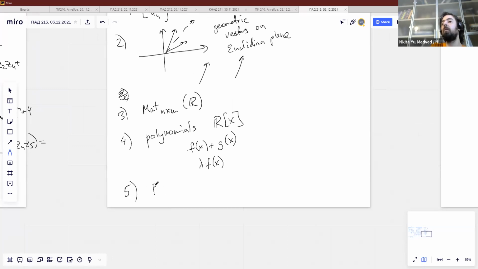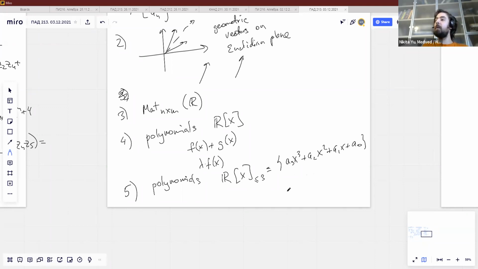We will often use in problems not the space of all polynomials, because it is kind of hard to work with it, but the space of bounded polynomials. For example, like this. This is the set of all polynomials with power 3 or less. Okay, polynomials with degree 3 or less. Okay, lecturer prefers to write them like this.